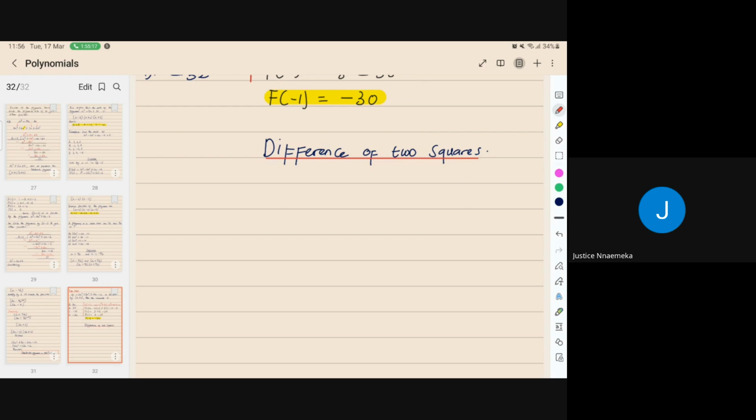This is how it looks. You could have something like x squared minus 1 squared. Let's say you have x squared minus 16. This is a difference of two squares. So this is going to be x minus 4 and x plus 4.